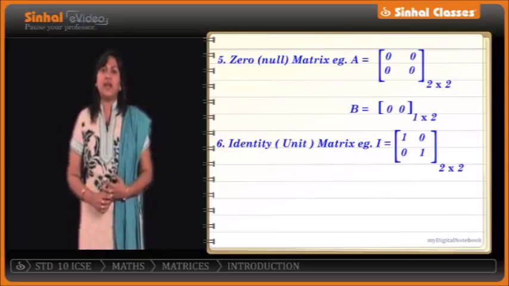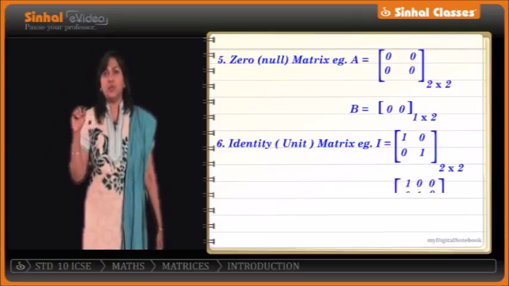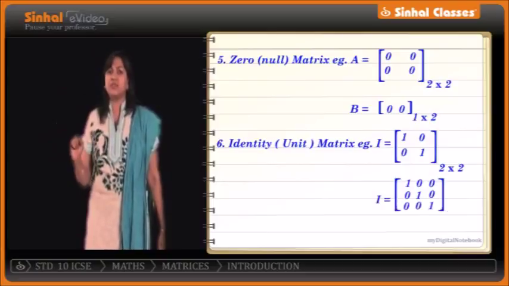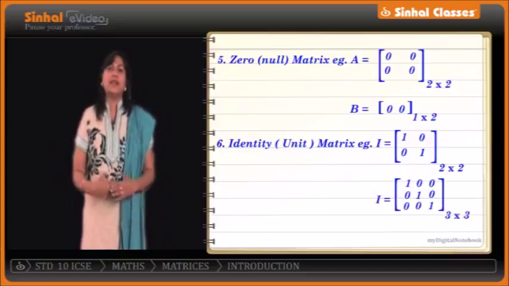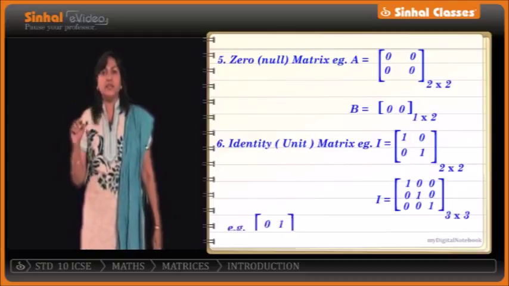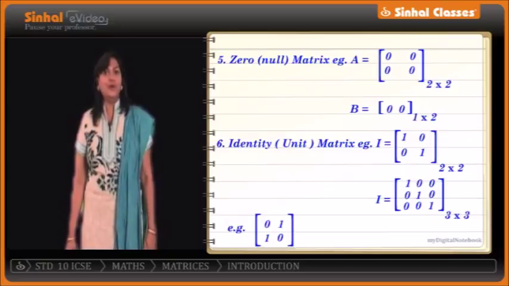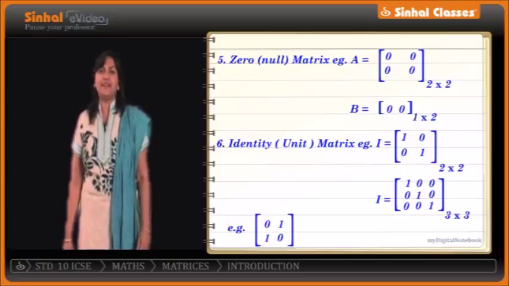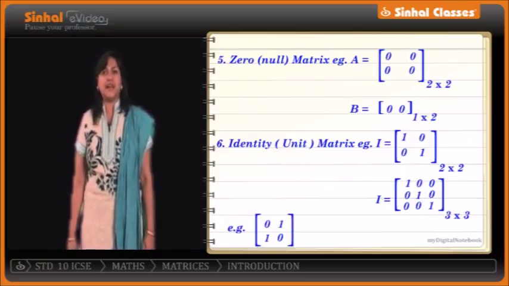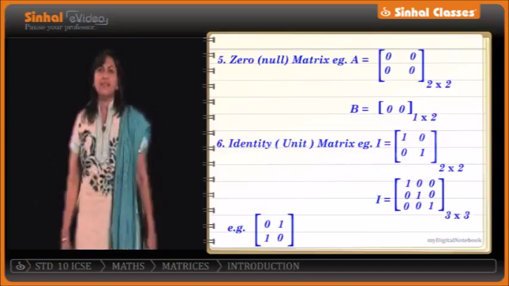Similarly, a 3 by 3 identity matrix will be 1, 0, 0, 0, 1, 0, 0, 0, 1. Now if we take an example 0, 1, 1, 0, will this be an identity matrix? No, this will not be an identity matrix because the 1s have to be diagonally from top left to bottom right.